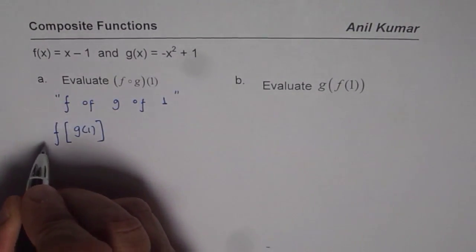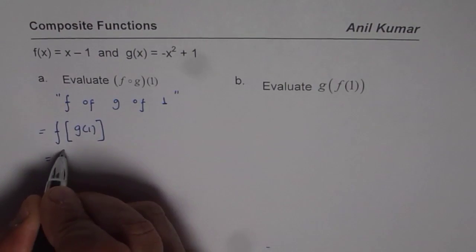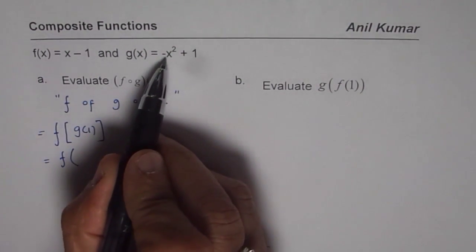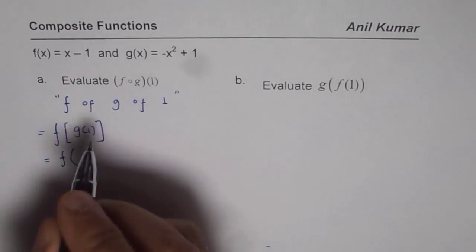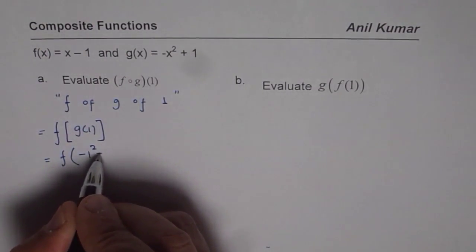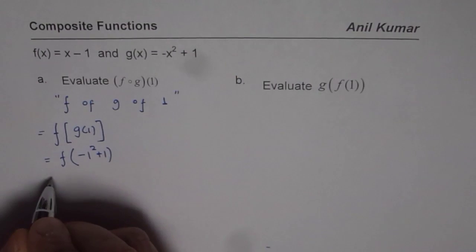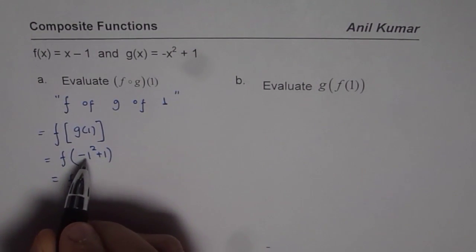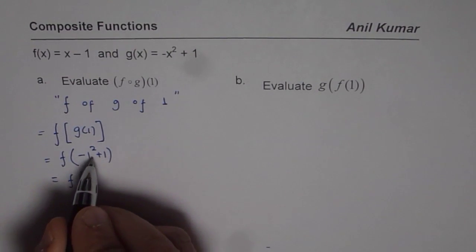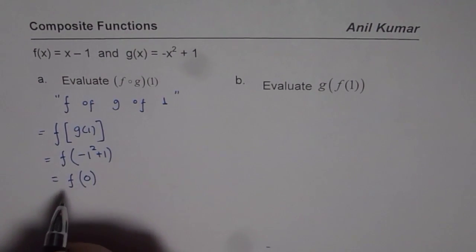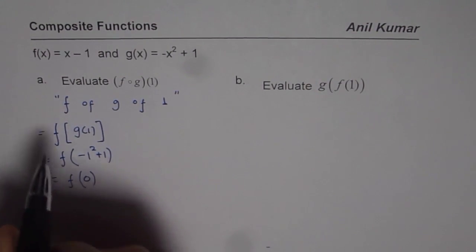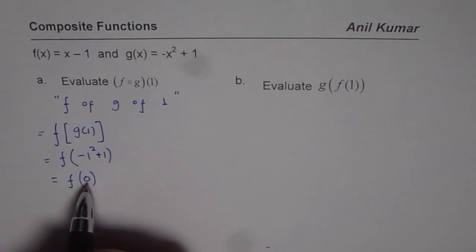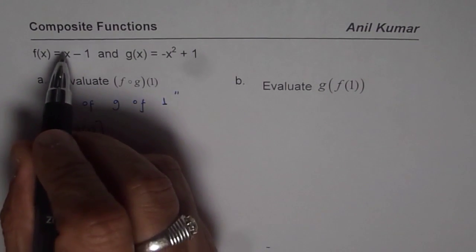So f of g of 1 means we have to substitute x as 1 in this expression: minus 1 squared plus 1. That equals f of, minus 1 squared is minus 1, so minus 1 plus 1 is 0. f of 0 means in the given function f of x equals x minus 1, we substitute 0 for x.